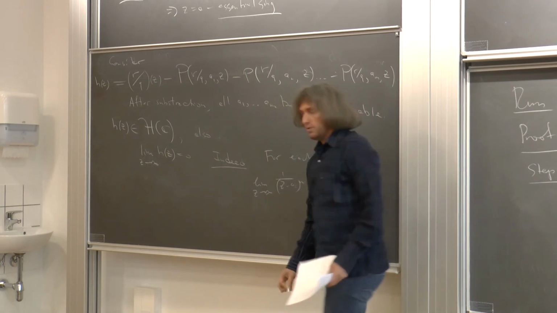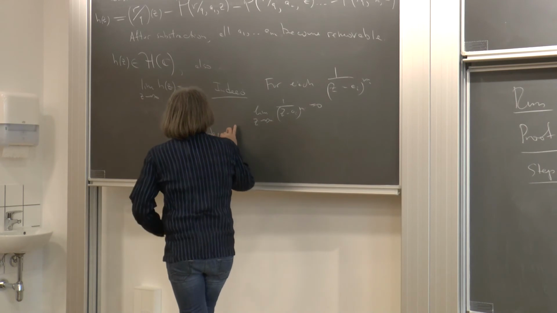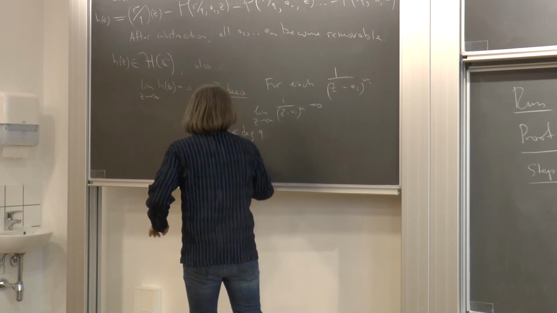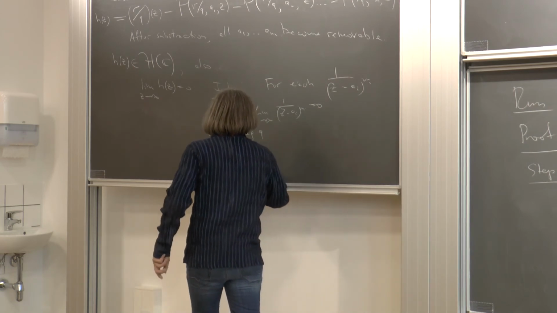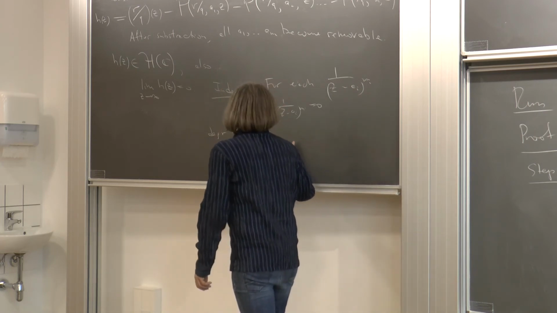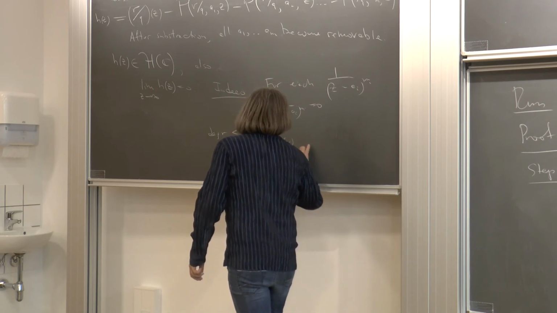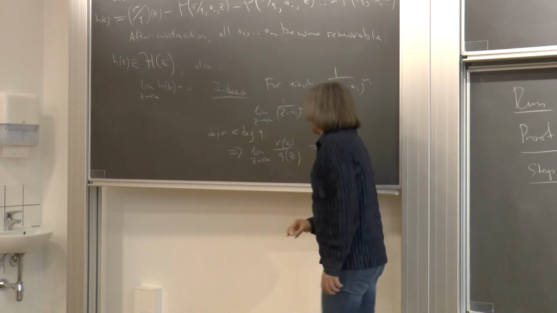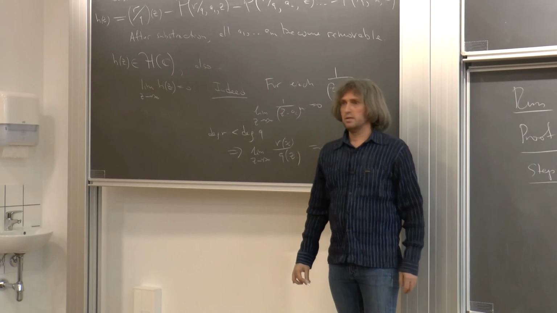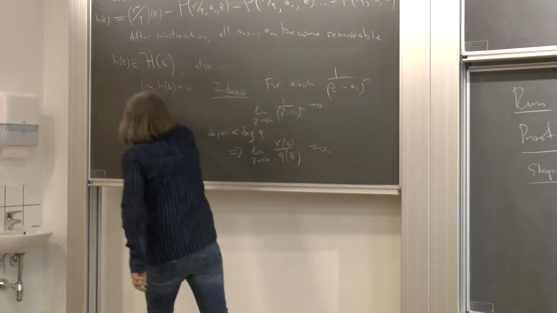And also notice that the degree of r is strictly less than the degree of q, so it follows that the limit for z tending to infinity of r of z over q of z is also 0, because the denominator grows much faster than the numerator. So then the total limit is 0.